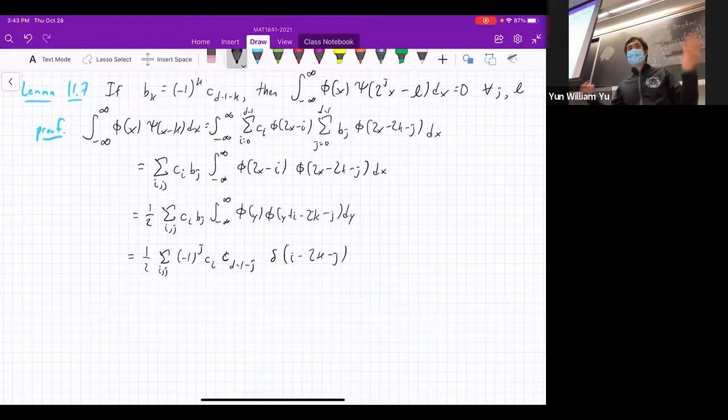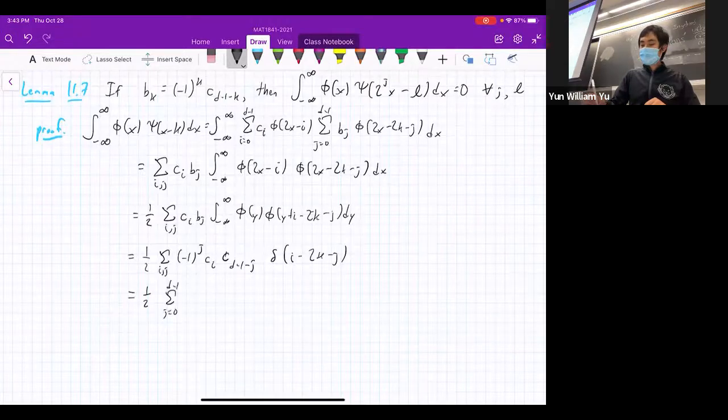And of course, now we have a delta function and a double sum, so you can reduce it down to just a single sum. That's equal to 1/2 times the sum for j equals 0 to D minus 1 of (-1)^j c_{2k+j} c_{D-1-j}.